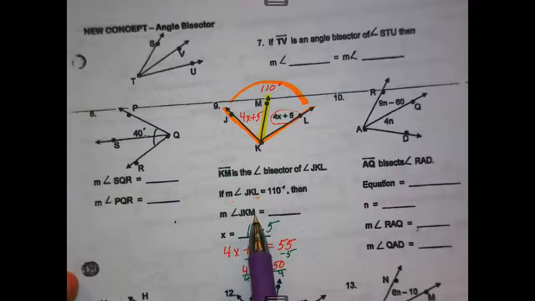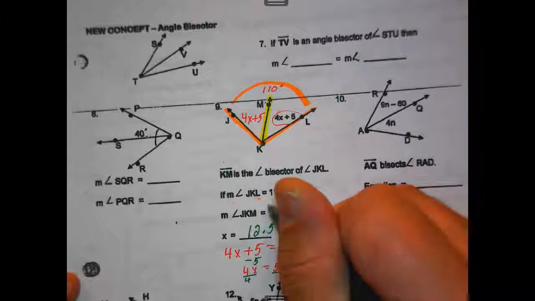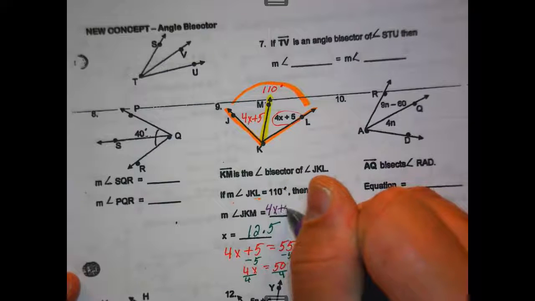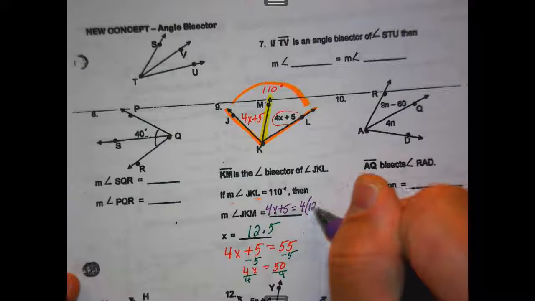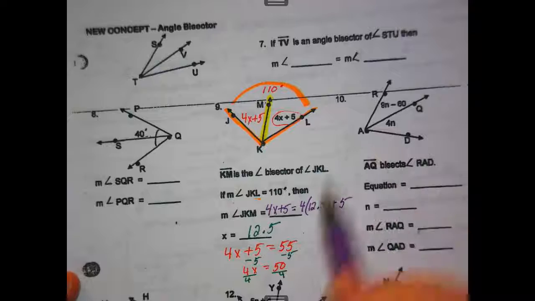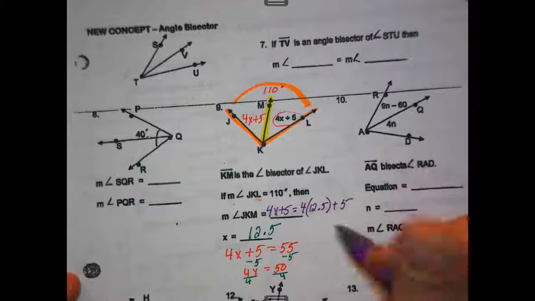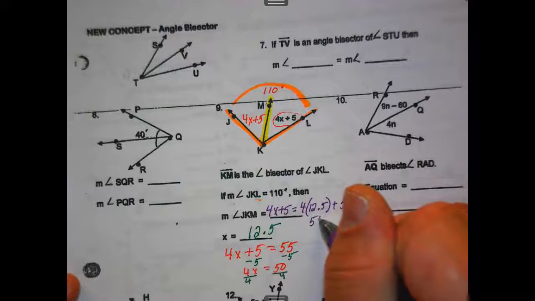Angle JKM. So they want JKM. We already know it's 4x plus 5. We know x is 12.5. 4 times 12.5. Again, it better be 55. Is it?